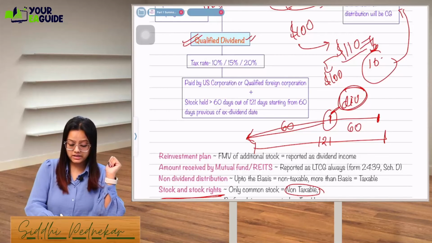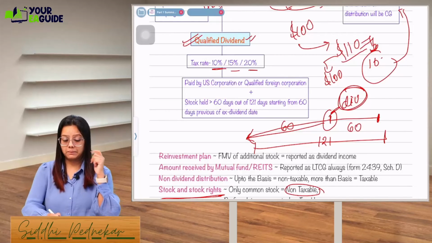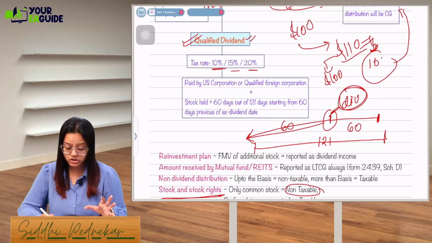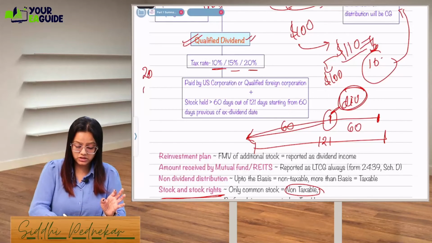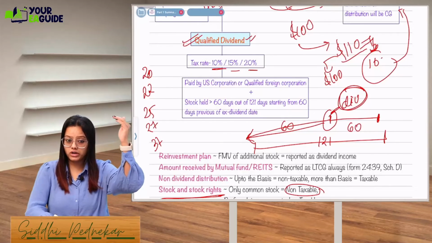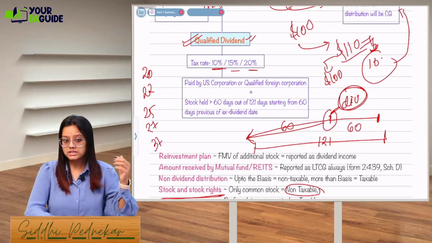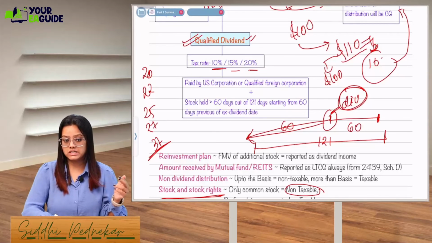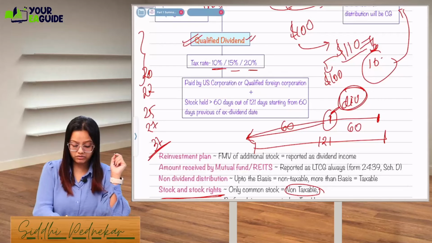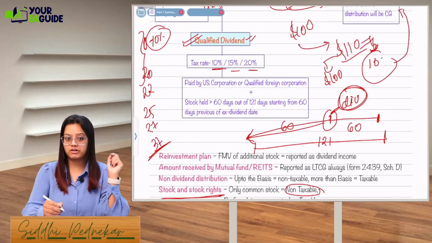On this, the tax rate applicable will be 10, 15, 20. If you have seen the tax slab rate for a normal individual, the slab rate will be 20%, 22%, 25%, 27%, 37%. It's a very huge slab rate which goes to a maximum of 37%. So there you have to check: those who have a slab rate of 0 to 10%, a maximum of 10% will be applicable for qualified dividend.